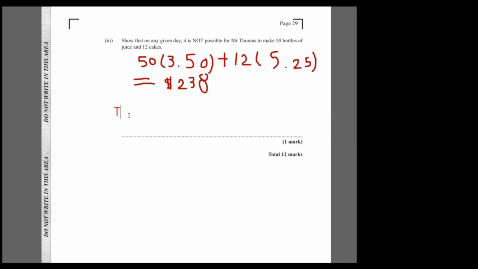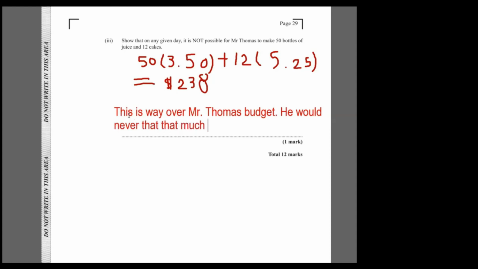this is way over Mr. Thomas' budget. He would never spend that much money, so hence he never makes 50 juices and 12 cakes.